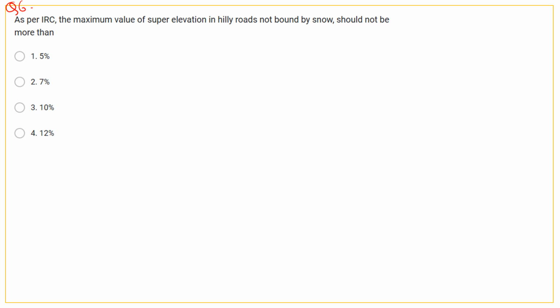As per IRC, the maximum value of super elevation in hilly roads not bound by snow should not be more than. Okay, here is one chart for the super elevation values, the maximum values of super elevation as per IRC. Okay, in that different conditions are there.